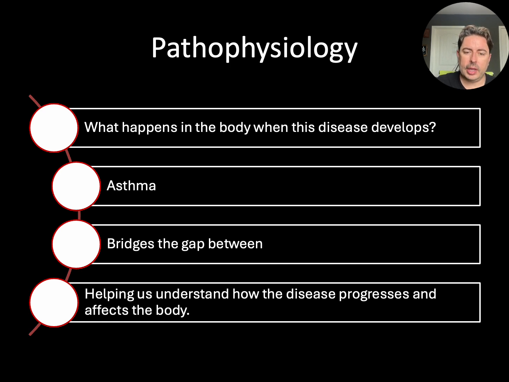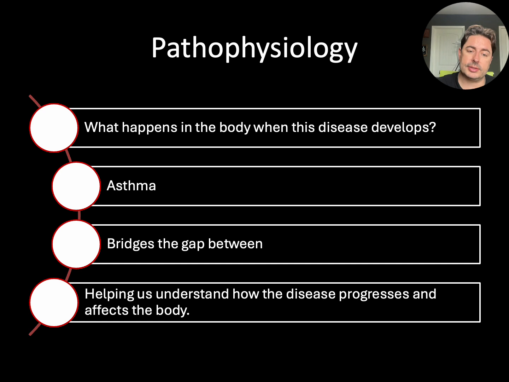So when we look at pathophysiology, what we're looking at is that bridge or that gap between etiology and clinical manifestations. So for the example we have here with asthma, some of the clinical manifestations: the patient may have a cough, they may have wheezing, they would have elevated vital signs.